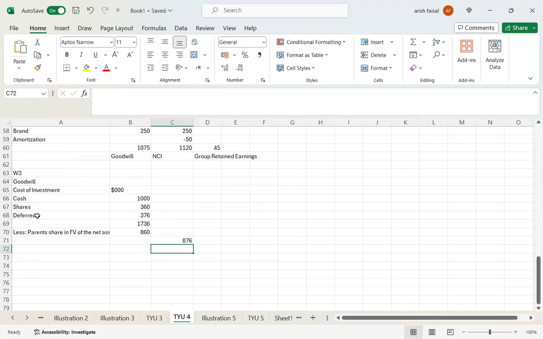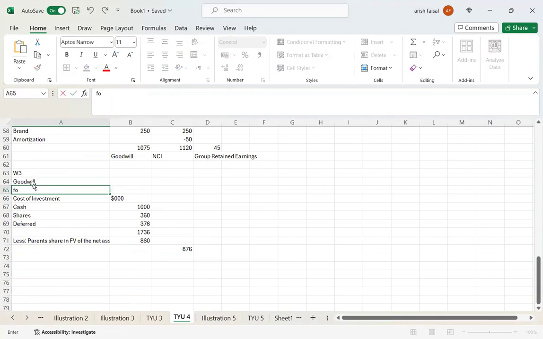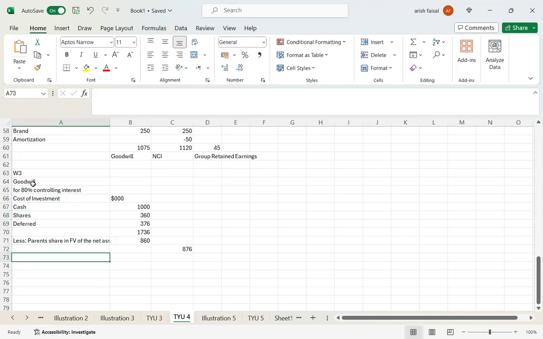Now, so that's what we worked out for your 80%. So I can just write down over here that this working was for 80%, the controlling interest. Now, for the next 20%, which is the non-controlling interest, instead of writing down the cost of investment, we have to write down the fair value of NCI. Okay.